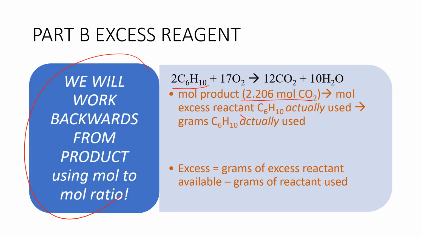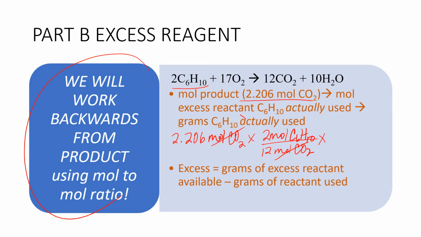We're going to take 2.206 mole of CO2, and then we're going to use the mole-to-mole ratio in a working backwards kind of way. We're going to say, okay, we have to put in 2 moles of C6H10 for every 12 mole of CO2. Moles of CO2 are going to cancel. If we were to stop at this point, we'd have how many moles of C6H10 we actually needed, but it's most useful for us at this point to have grams.